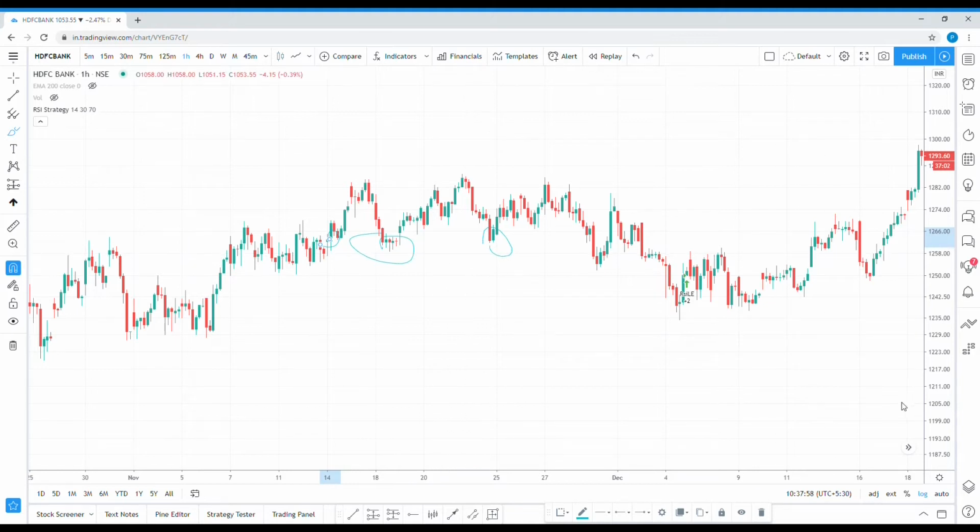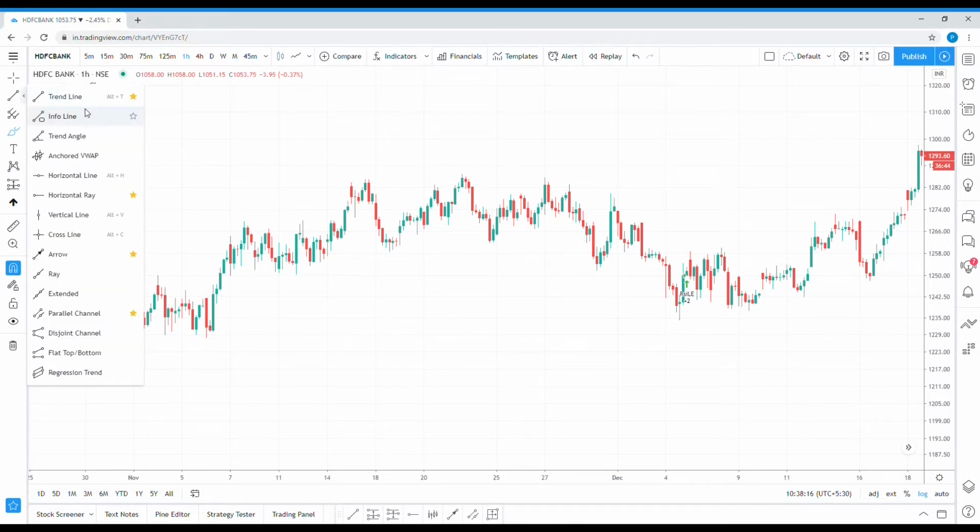So we will draw a support line. For drawing a support line, you have to go to this second option and click this arrow, and here you can see the horizontal line. Or you can use the trend line also. First I'll show you with the horizontal line.